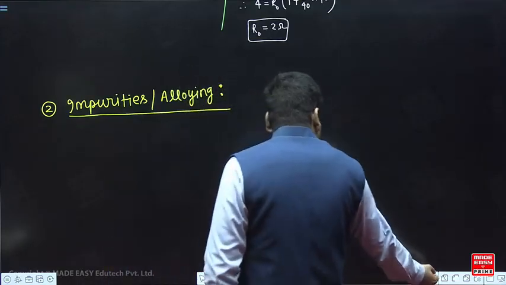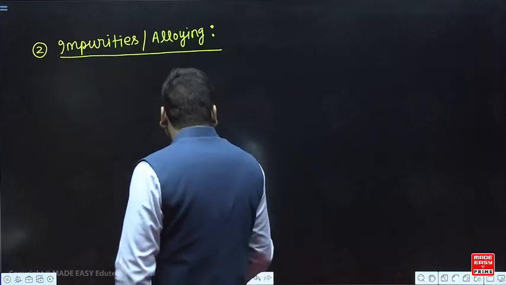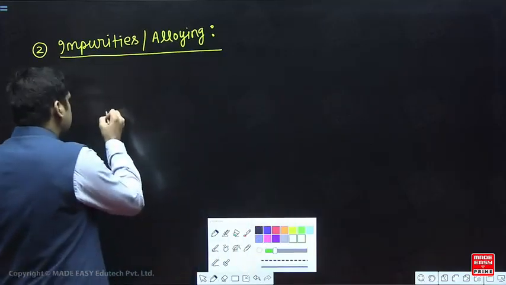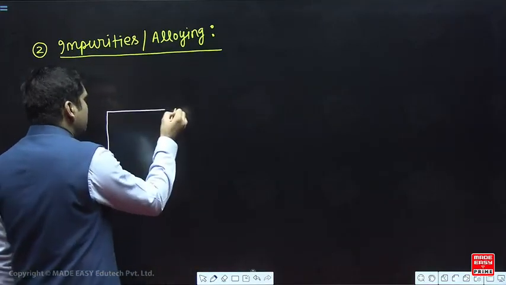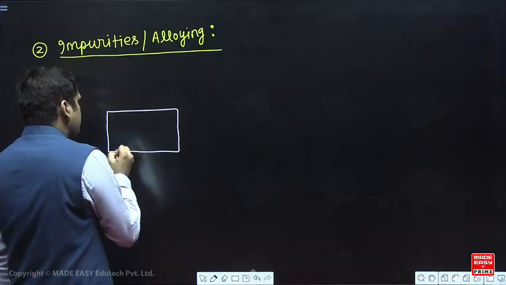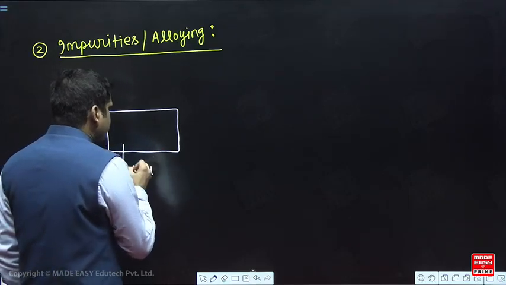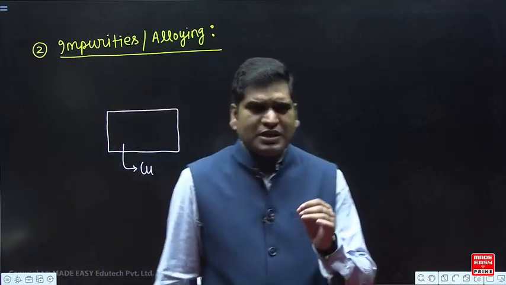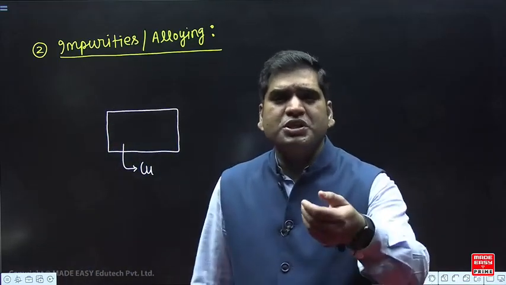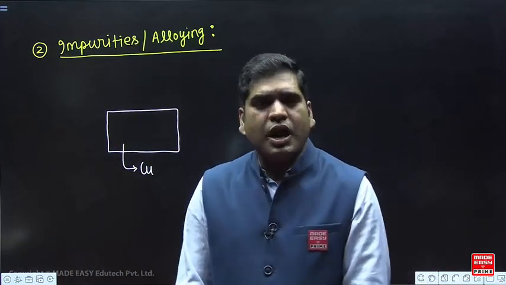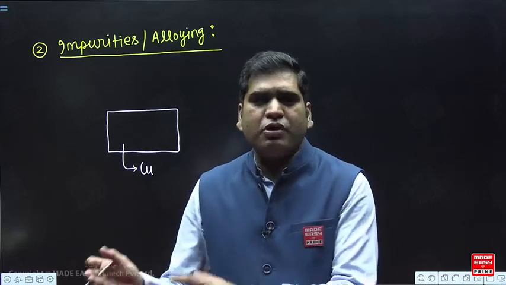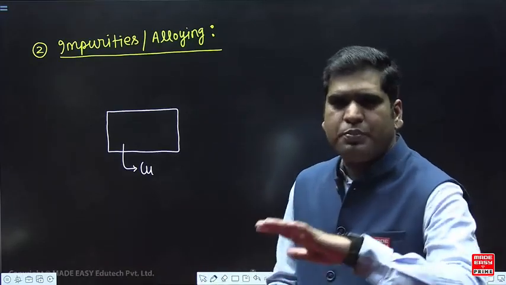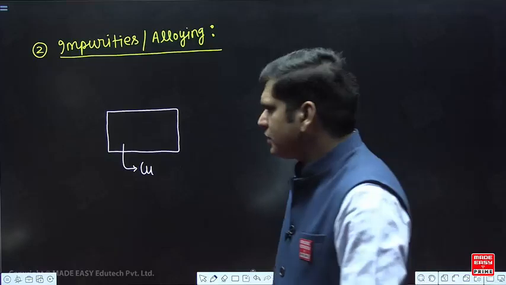So basically, let us suppose this is your host metal. Host metal means which is larger in quantity. Suppose it is copper. If it is pure copper, it has BCC crystal structure. It will have a very small amount of defect. Those defects can be neglected, and we can say that it has a certain amount of conductivity and a very periodic and ideal kind of structure.